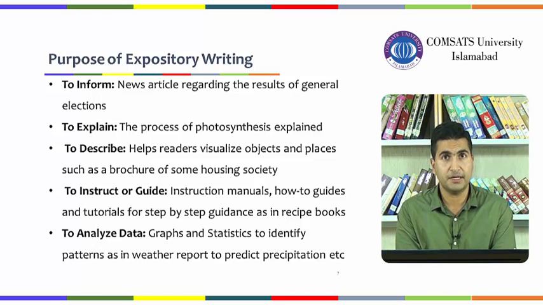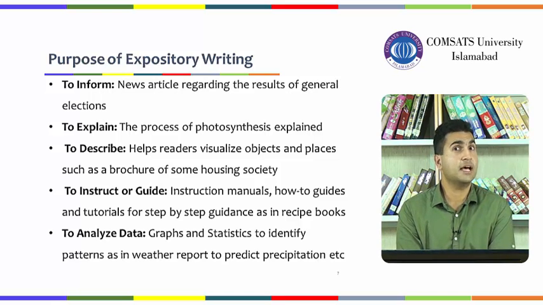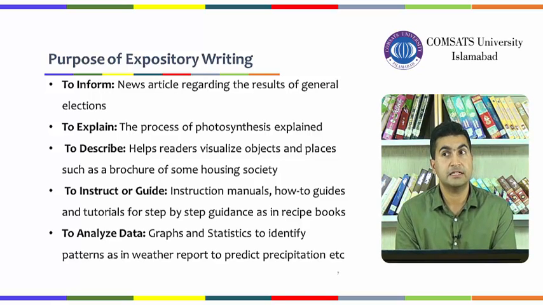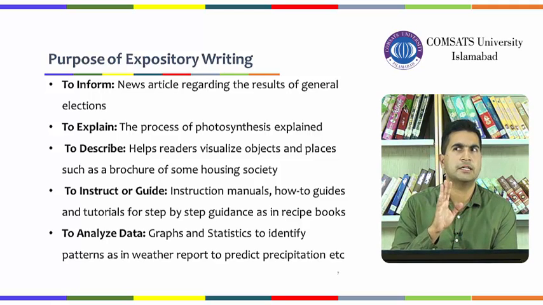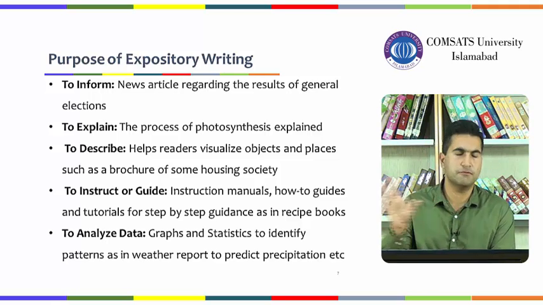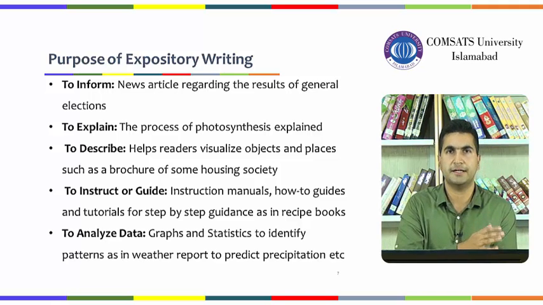For describing something, you should be aware that it's a very important word, because it refers to helping your readers to visualize objects as well as places. You will be helping your readers visualize through only your writing. Let's say for a while you're not using any AV aids or visual aids. Let's put them aside.